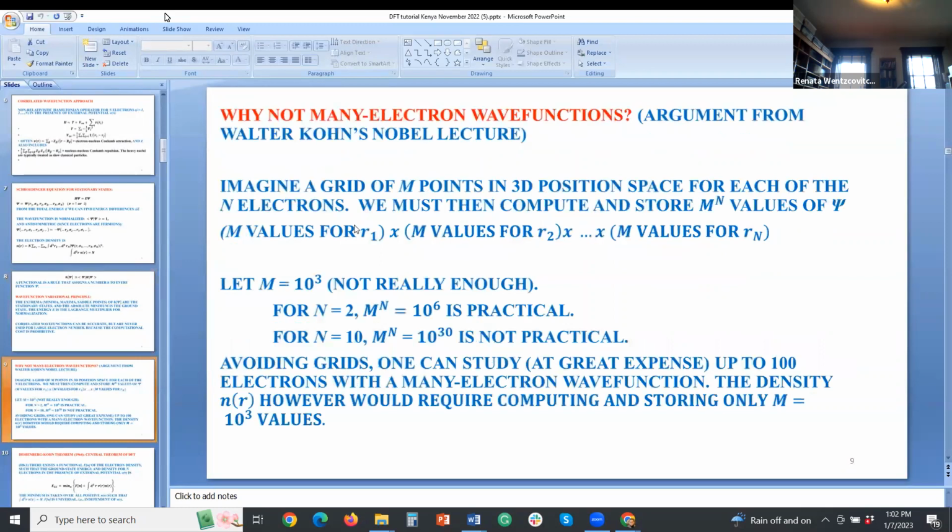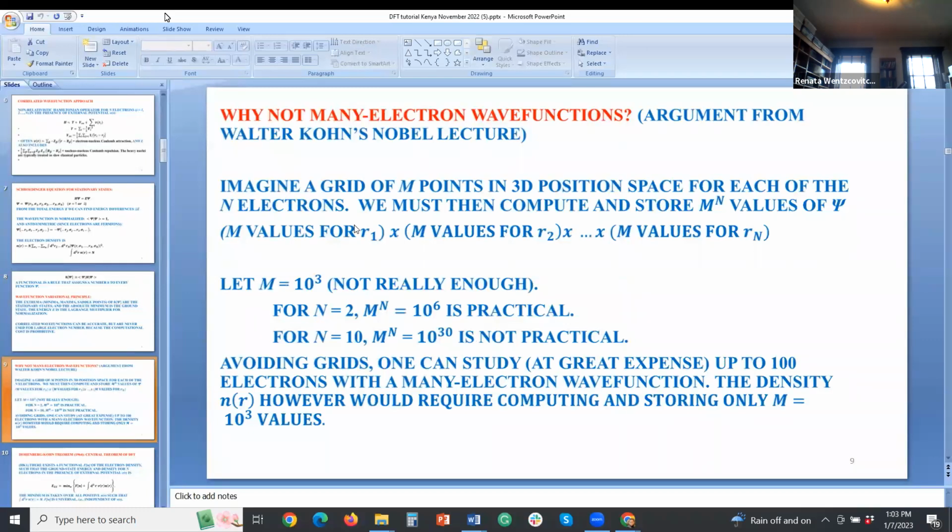Now, why is that? Why not use many electron wave functions for large systems? Well, I'm going to give you an argument that comes from Walter Kohn's 1998 Nobel lecture. Suppose that we decide to compute and store the wave function on a grid of points. Each electron lives in its own three-dimensional space, so to speak.